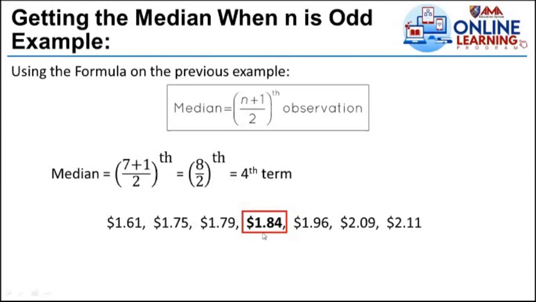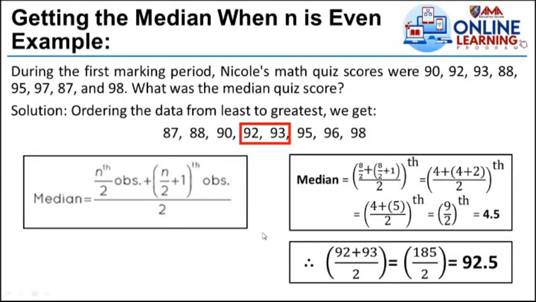But for even, we have 1, 2, 3, 4, 5, 6, 7, 8. We take the middle 2 scores, then divide by 2 to get the average. That's the way we get the median if we have an even set of elements.